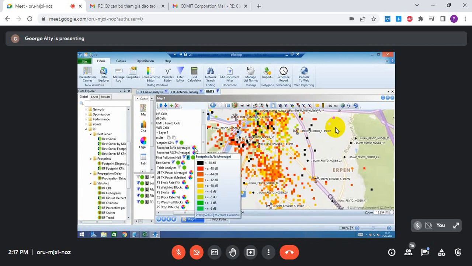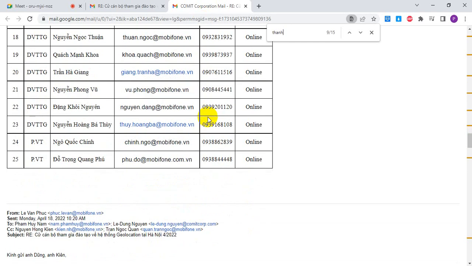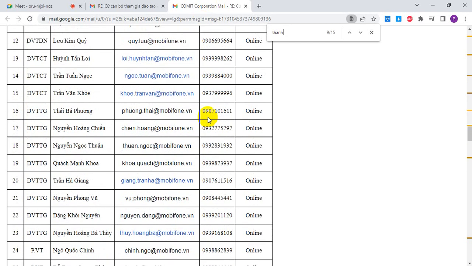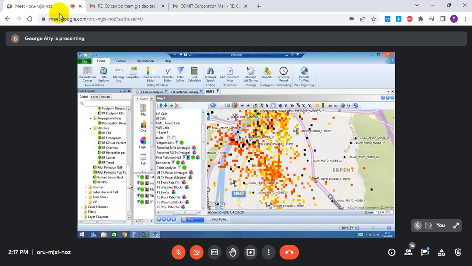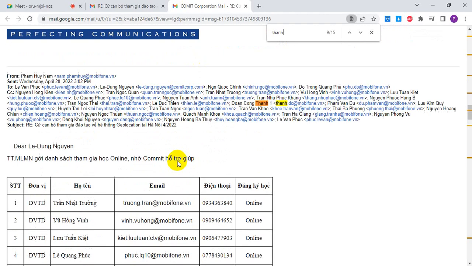Okay, let's have a look further on. Strongest server. So we can look at that, which is in the strongest server cell. Just close this down.